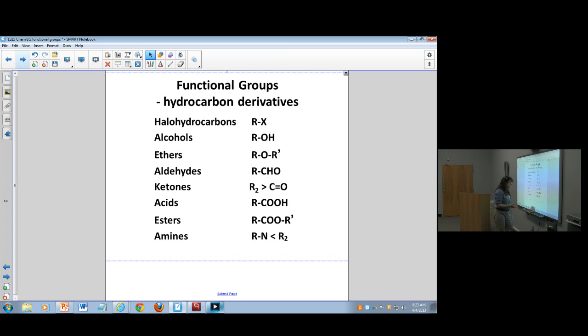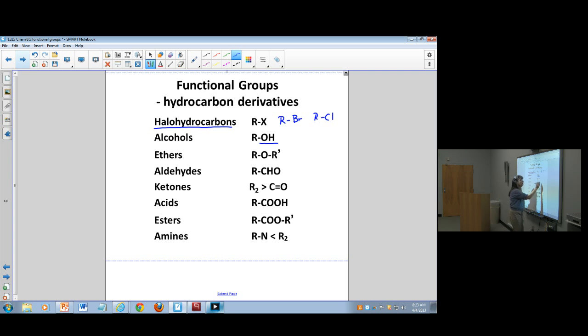Now, this is a simpler little table about your functional groups. Of course, the alkenes and the alkynes are still on here. It just doesn't happen to be on this list. But hydrocarbons can have some kind of halogen bonded to them, like a bromine or an iodine or a chlorine, whatever. Alcohols have an OH group, not a hydroxide, but an alcohol group bonded to a chain. Ethers have just the oxygen bonded to two chains.